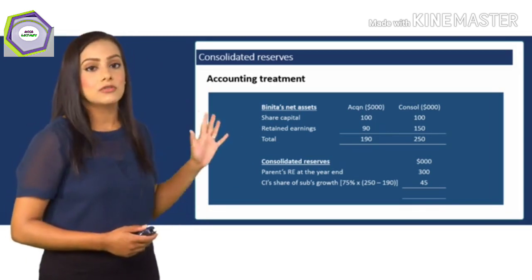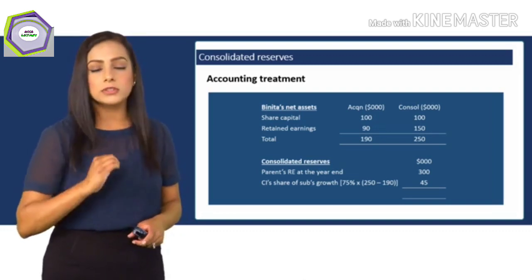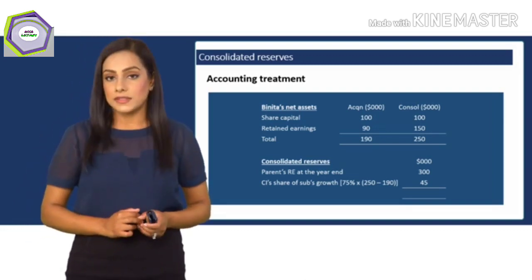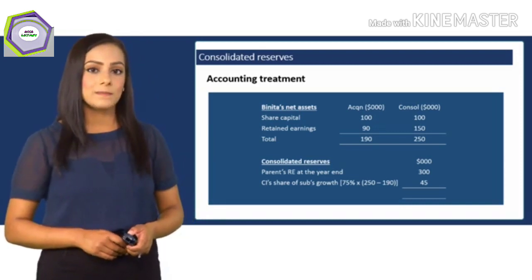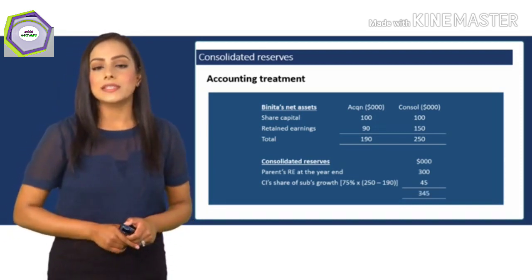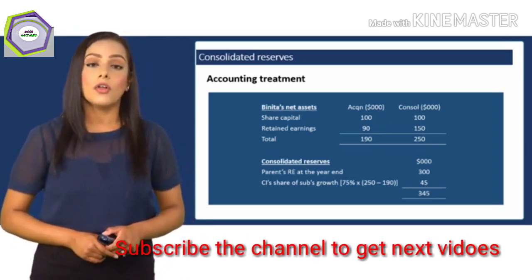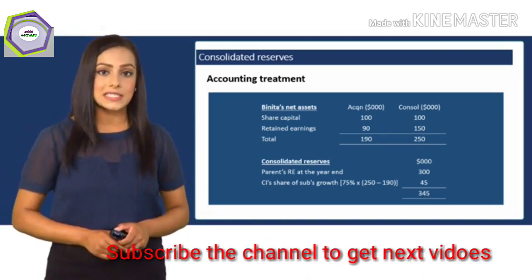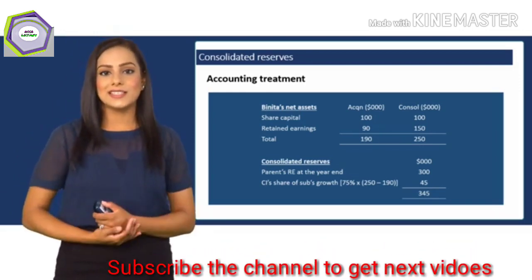But for the consolidated reserves working, 75% multiplied by the subsidiary's growth is 45,000 added to the parent's retained earnings. So if you add that up, we get 345,000 to be shown as retained earnings on the face of the consolidated SFP. And there you have it, guys, consolidated reserves.